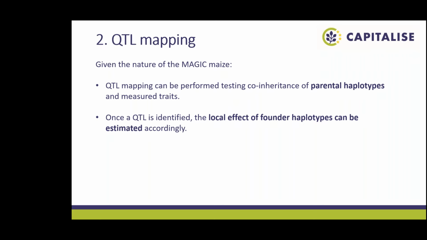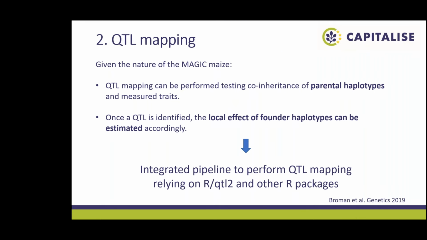And with QTL mapping, what helps us a lot in the downstream analysis, and also to dissect the genetic mechanism behind a complex trait, is that we can estimate the local effect of founder haplotypes at each QTL. And to do so within CAPITALISE, we have been working on integrating a pipeline to perform QTL mapping, and we used this package, R/qtl2, which was developed by Karl Broman quite recently.